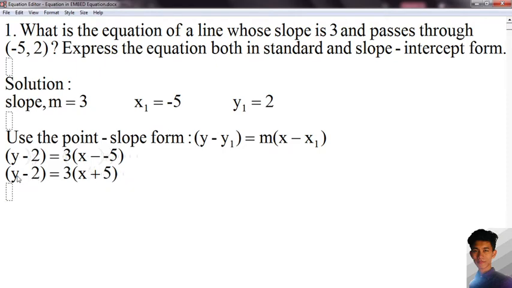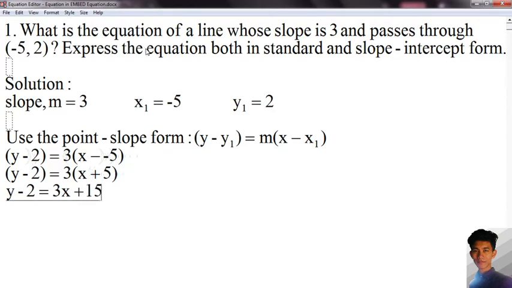So, since wala namang number dito sa labas, pwede nang alisin yung grouping symbol. Okay. And then we have to distribute 3 multiplied into quantity x plus 5. So 3 times x is 3x plus 3 times 5, no, is 15.